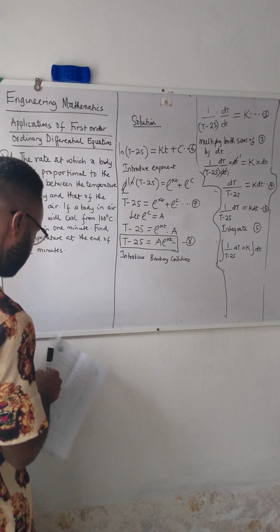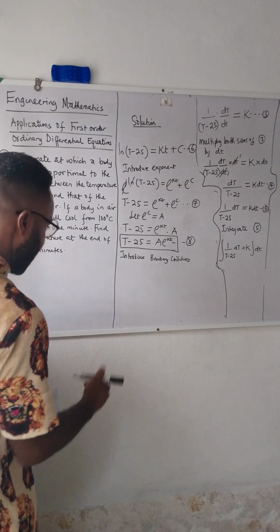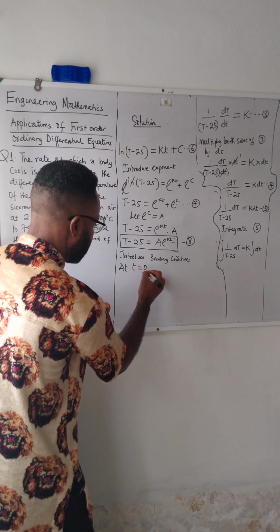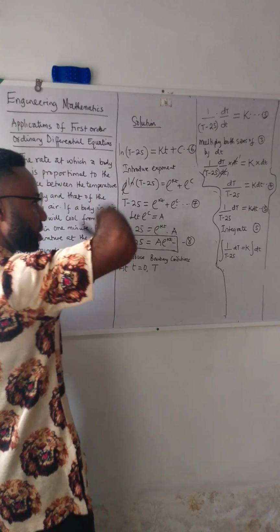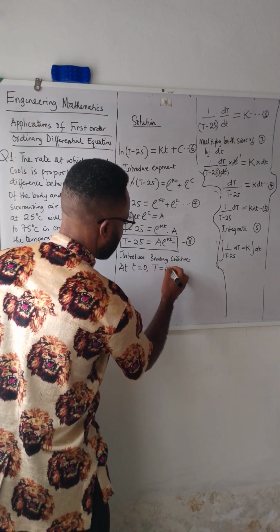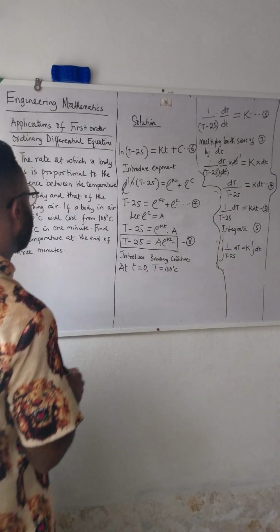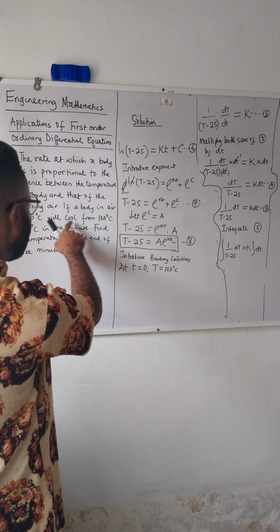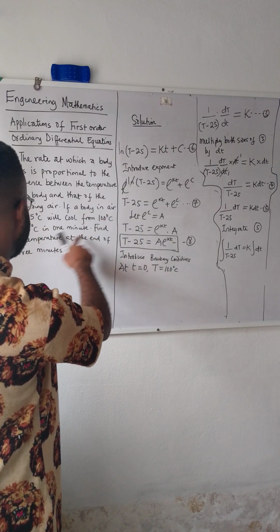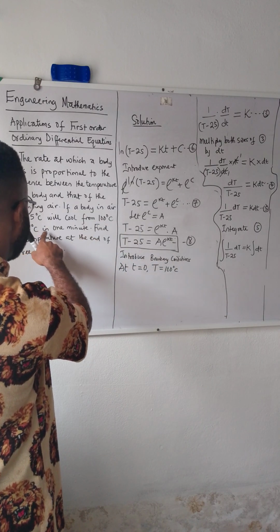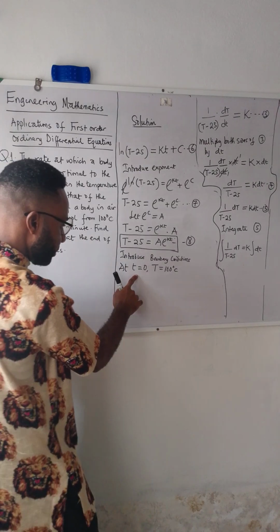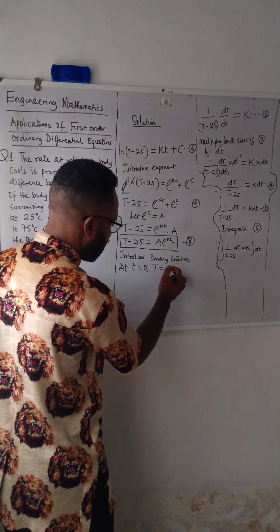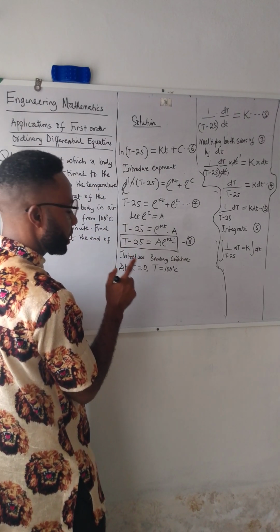What this implies is that at time t equal to 0, the temperature of the body will be 100 degrees Celsius.